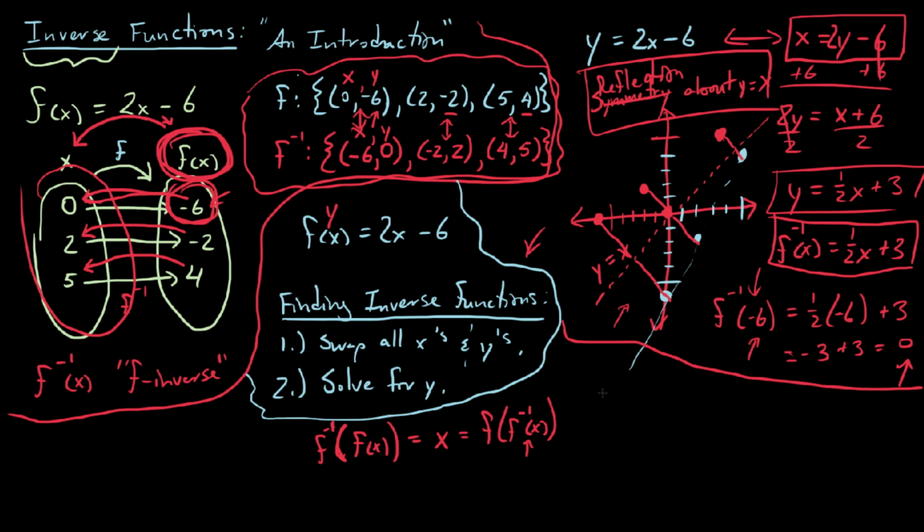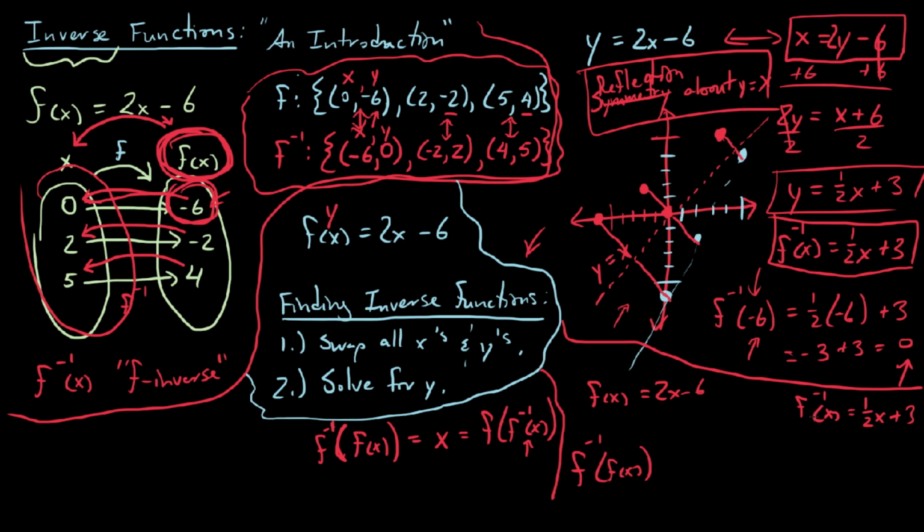So now we have our two functions. We have f of x, the original 2x minus 6, and we have f inverse of x, which was 1/2 x plus 3. So now composing these functions, we want to find f inverse of f of x.